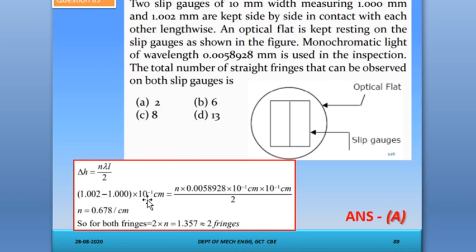The difference in height is equal to n lambda L over 2, with 10 to the power minus 1 centimeter for L. We have to find n, since the wavelength value is given, also in millimeter.